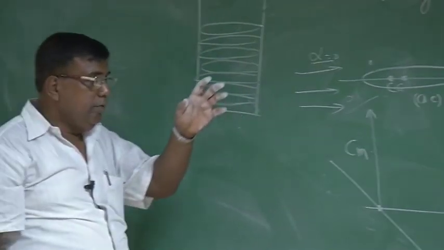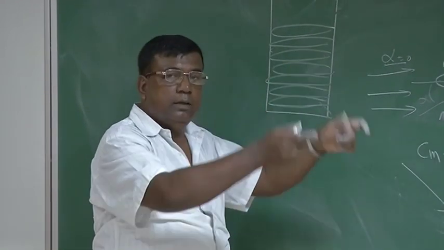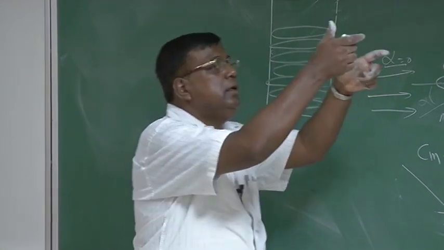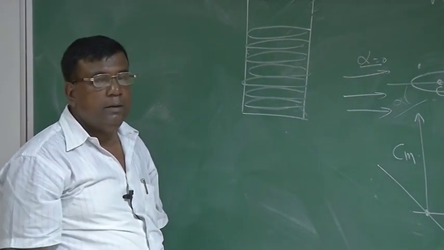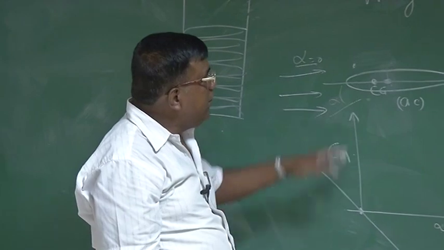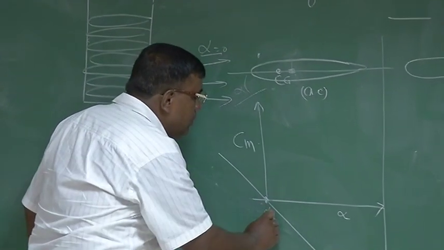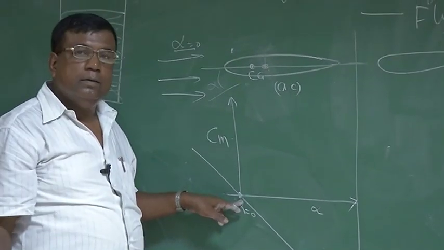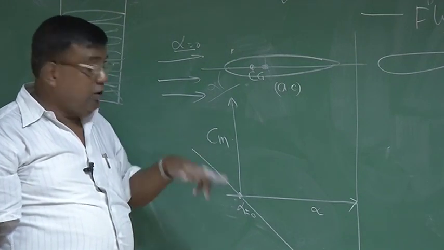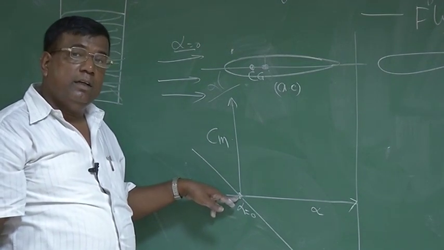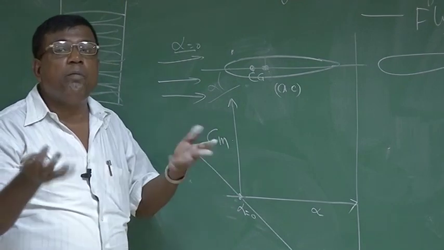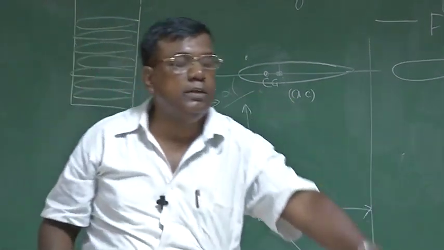But think, if I now take that wing and throw it with some angle, like this, what will happen? It will try to trim at alpha equal to 0, because being statically stable, the equilibrium point is only alpha equal to 0 here. So it will not produce any lift. It will just go like a projectile and fall like this.